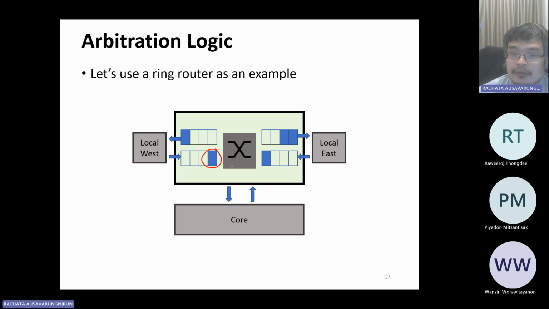The arbitration logic will figure out, okay, if I have to go east, do I have the buffer for this? If I have the buffer, I send this over to this location here. And basically it goes this way. If I have the incoming packet east, for example, this guy, right? I say, hey, do I have the buffer here? Yes, I will put the buffer. I will basically allocate the buffer, send the packet over, forward the flit. So these are flits. A flit is a part of a packet, essentially, right?